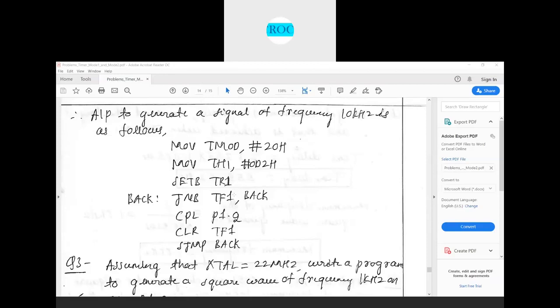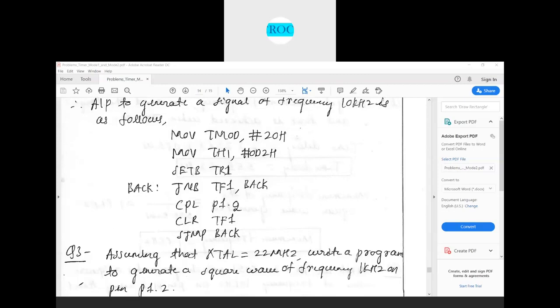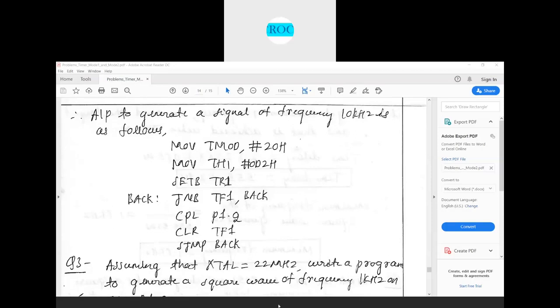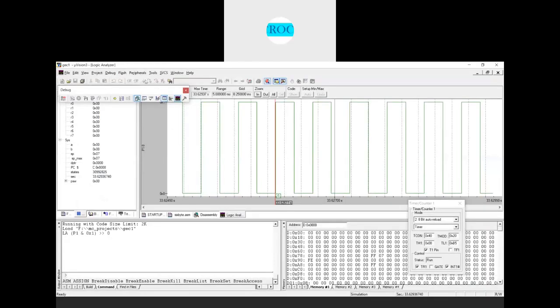We start the timer and we keep on monitoring the overflow flag, and whenever the overflow flag is set, TH1 will again be loaded with the D2H value. It will start counting from D2H. After the timer overflow flag is set, we execute CPL P1.2, CLR TF1, and again it will keep on repeating this.